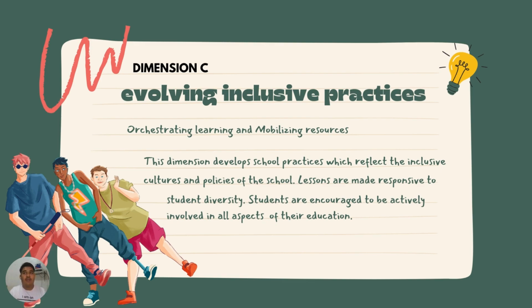We should let them know that we understand them, and in that way they will not fear school. Instead, they will treat school as their second home, and the teacher as their second parent. All right. So once again, that is evolving inclusive practices. Evolve means change for the better the practices that we have.